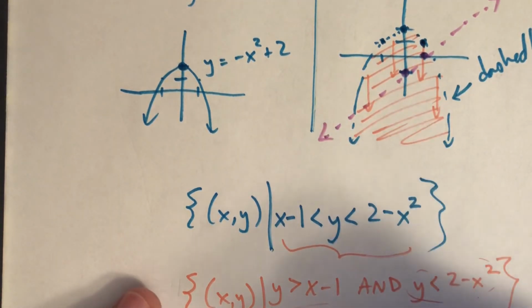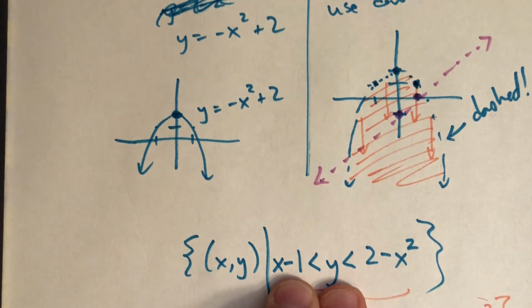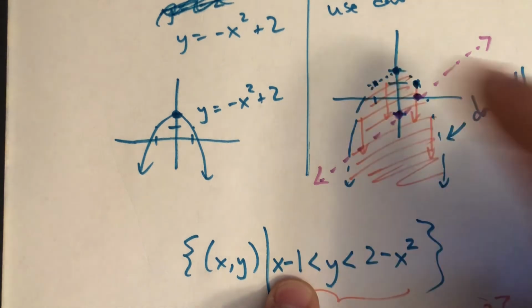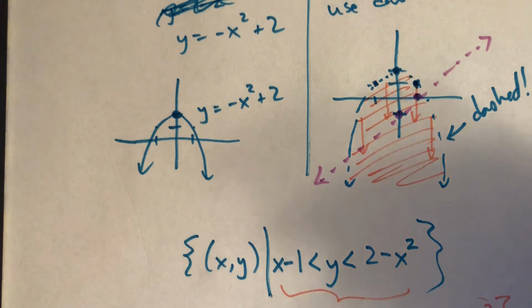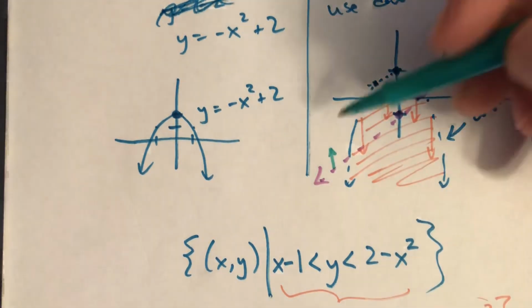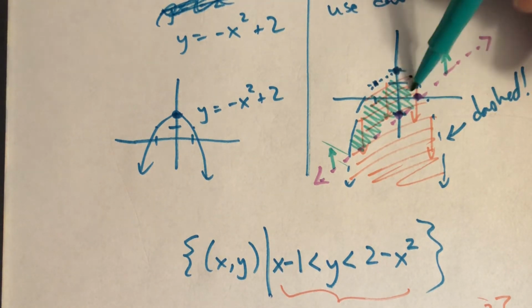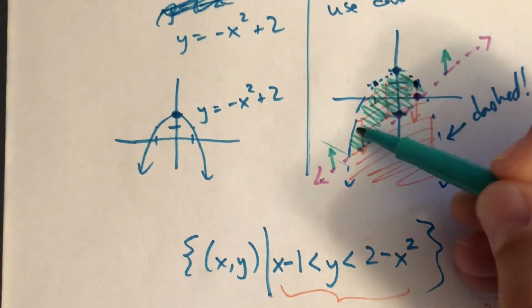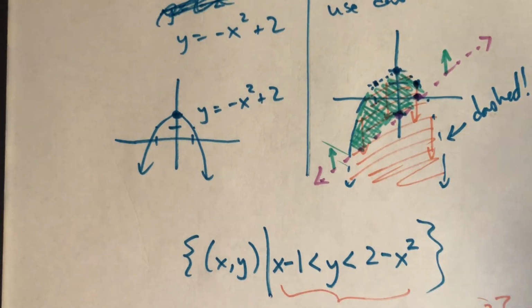If y has to be bigger than x minus 1, that means I'm going to be above that line. So we're going to shade above the line. And that's going to be everywhere that they intersect. It's going to be in that little region right there.